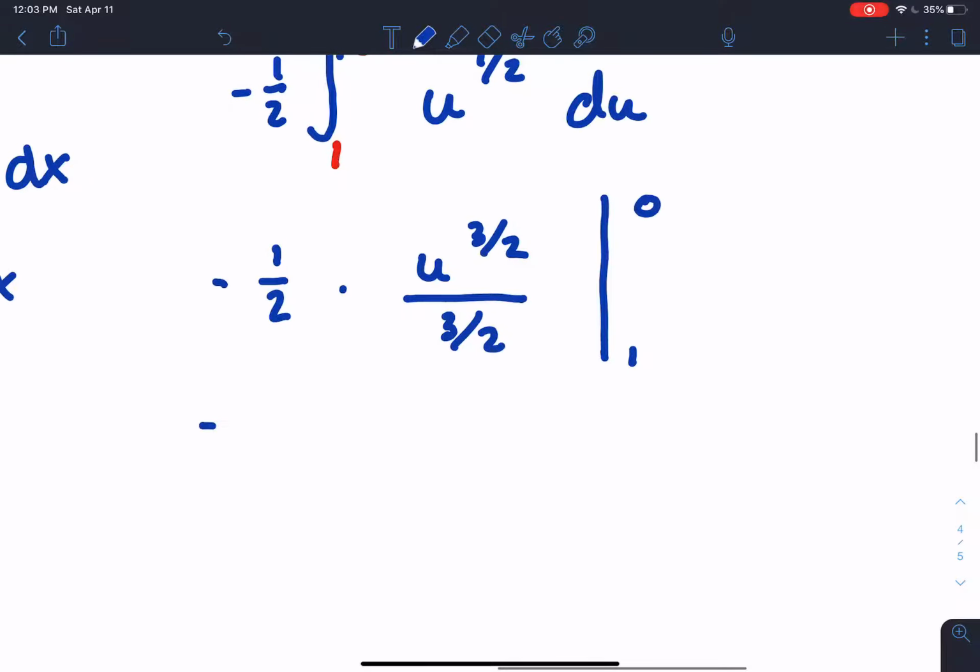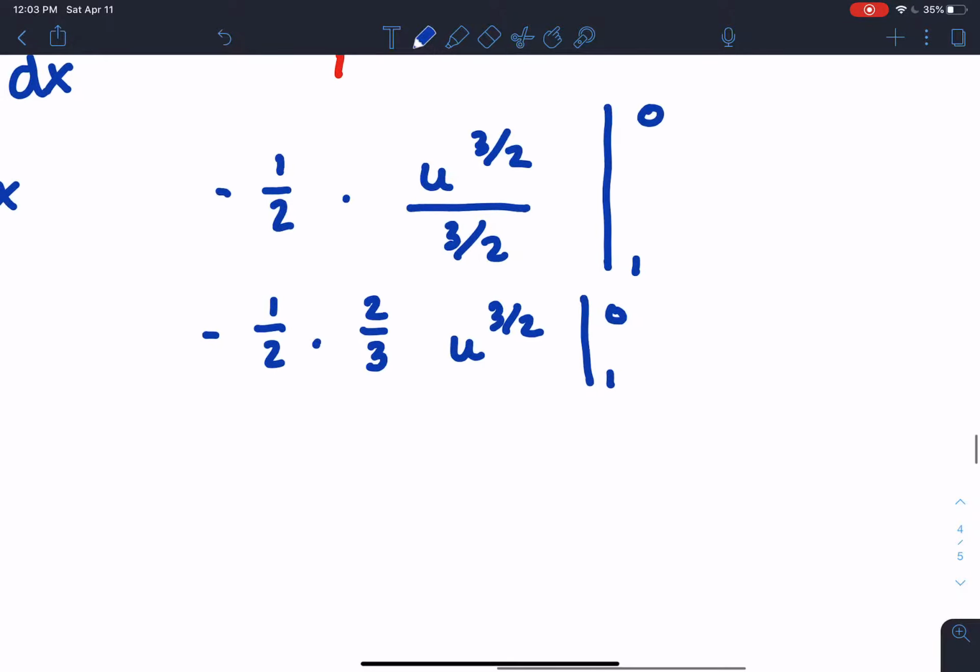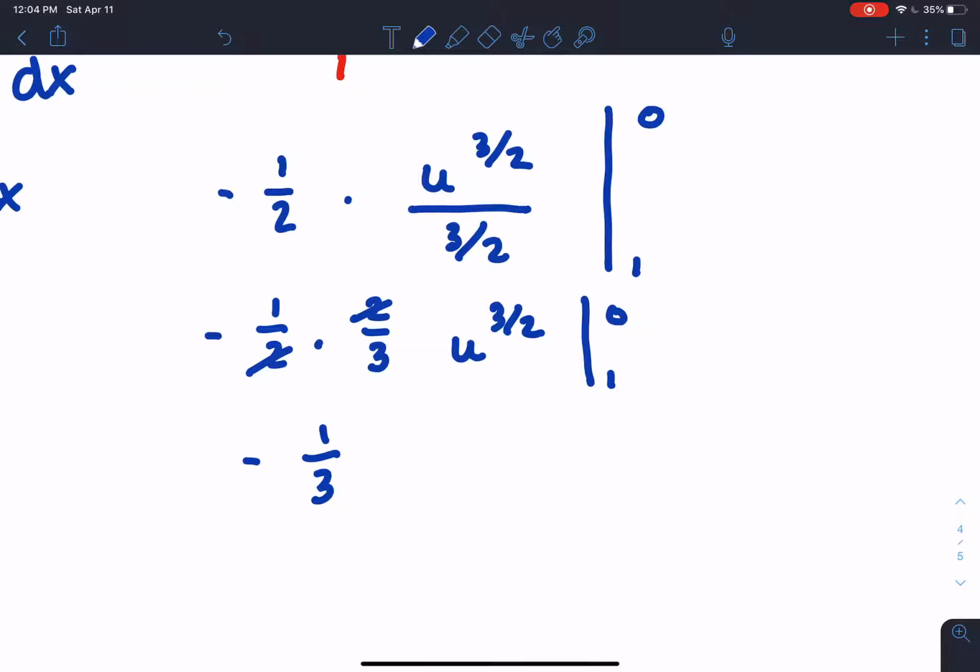Okay, so we got negative 1/2 times 2/3 u to the 3/2. So that's going to simplify to be negative 1/3, right? The 2's are going to cancel each other. Now you guys can leave it as an exponent here, or you can rewrite it with a radical. So you would make this the square root of u to the 3rd, and then that's going to go from 1 to 0.